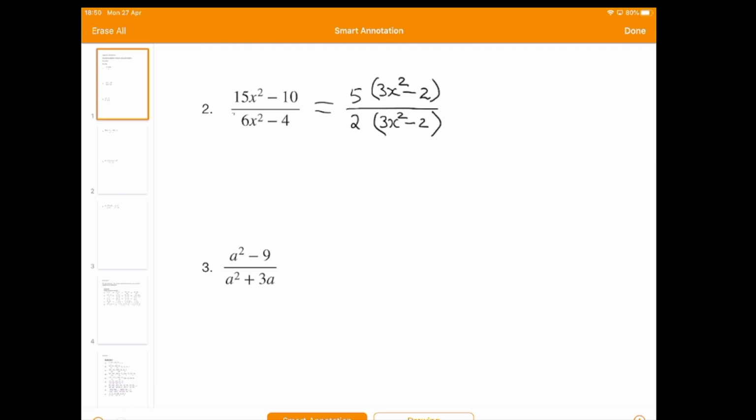If you distribute those numbers back into the bracket, you will get your original expressions. Now in this case, you will notice that we have a common factor, and those common factors can cancel out like that. So they cancel out if you want, that is 1 there. And the final answer is therefore 5 divided by 2. You can write it as 2.5, that's fine. Otherwise, you can leave it as 5 over 2.